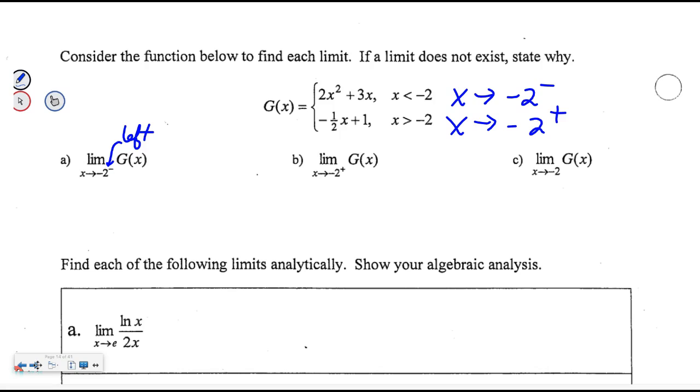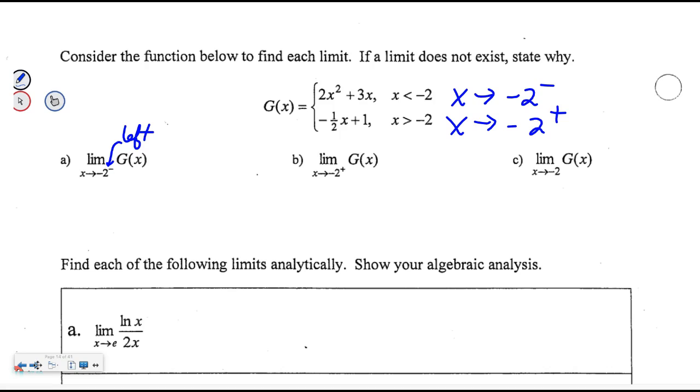What about at -2 for this problem? It's what? Undefined. Does that mean the limit doesn't exist? Can I just bail for part C and go, doesn't exist? There's no dot there. But guess what has to happen from the left and from the right for me to not? This is a great question.